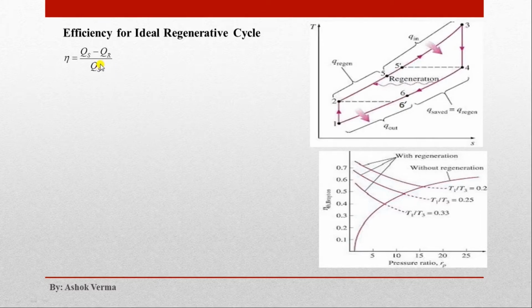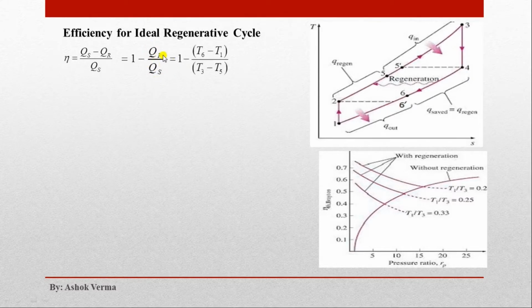Efficiency is the function of Wt minus Wc upon Qs, and Wt minus Wc is equal to Qs minus Qr, which we have derived in the previous lecture. So here we have replaced Wt minus Wc with Qs minus Qr. So this will be 1 minus Qr by Qs, where Qr is the rejected heat and Qs is the supplied heat.